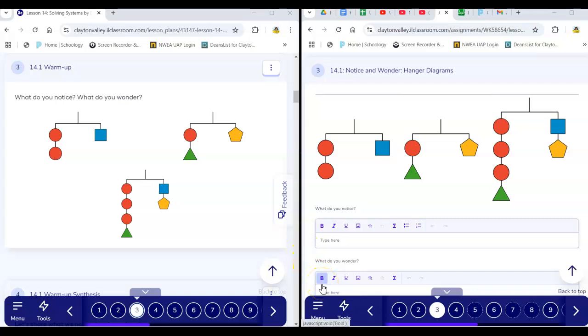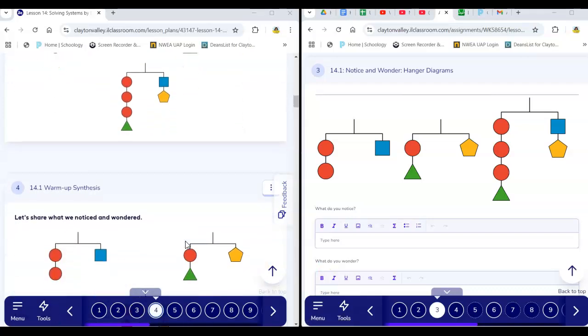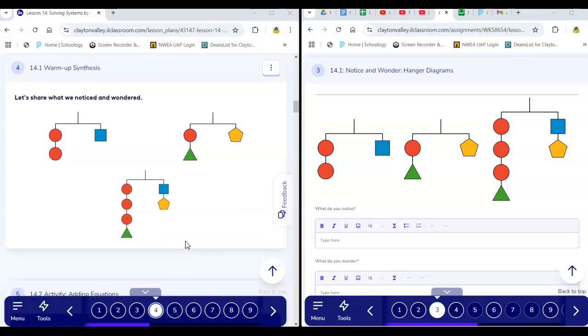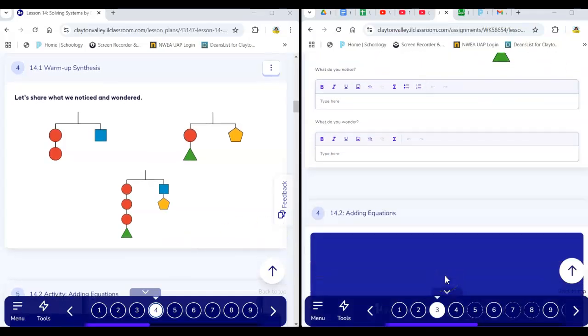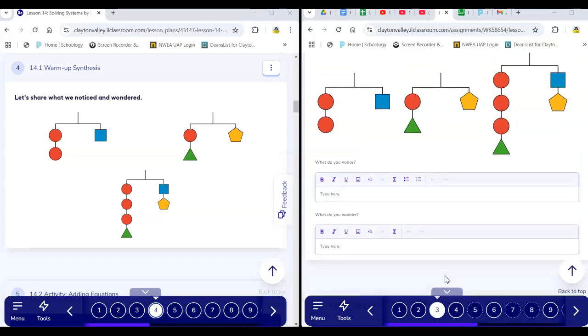And what questions might you have as to what it means? And so then you guys will share what you notice and wonder with each other. And what I'm hoping that you notice is that they added these together. Okay? And how can they do that? I think that's what we're going to investigate in the next activity.